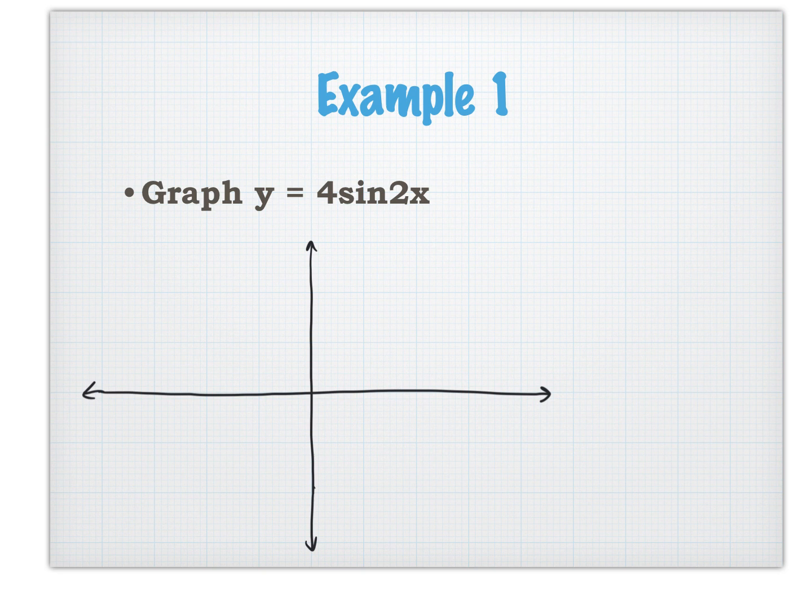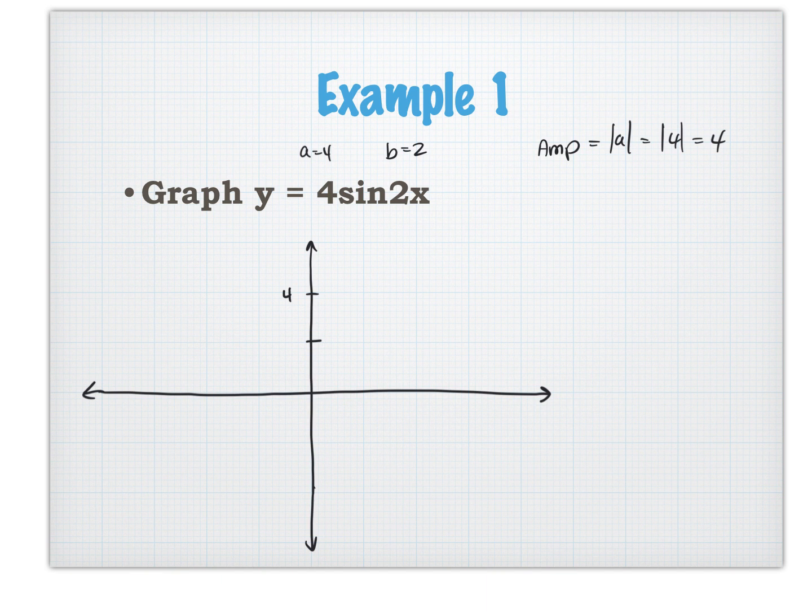I see that in this problem, a is 4 and b is 2. So I'm going to identify my amplitude, which is the absolute value of a, the absolute value of 4, or 4. So I know that my graph is going to go up 4 units.